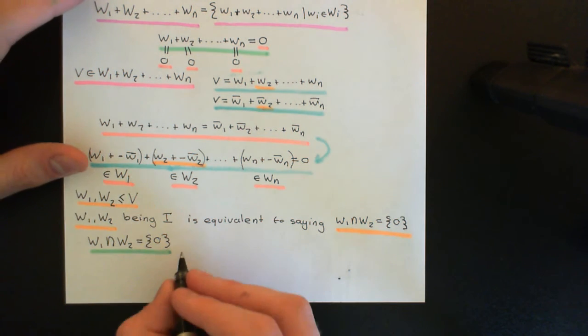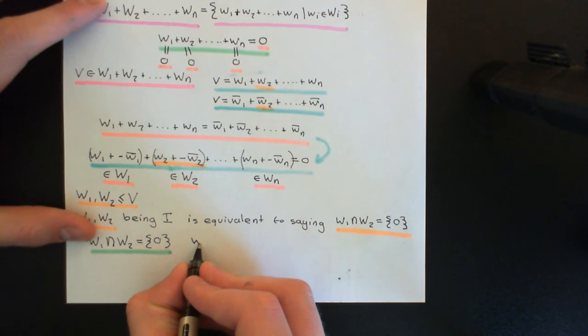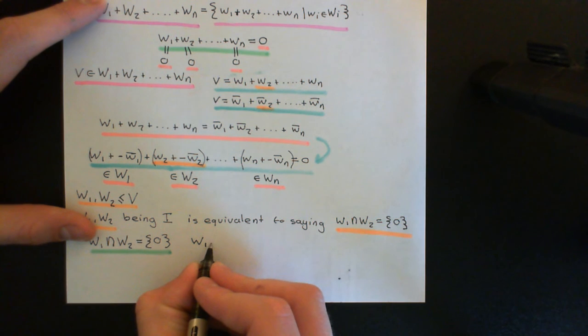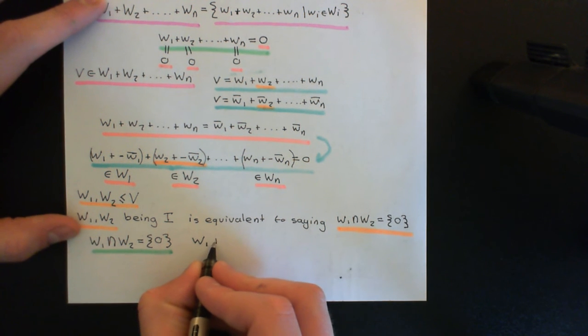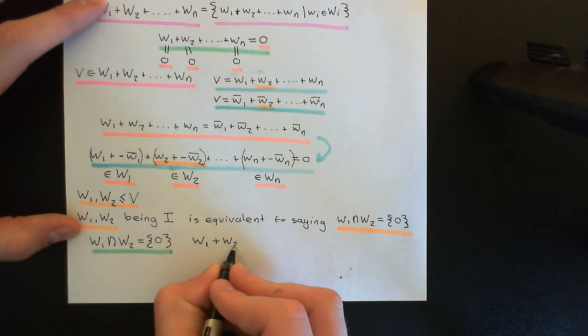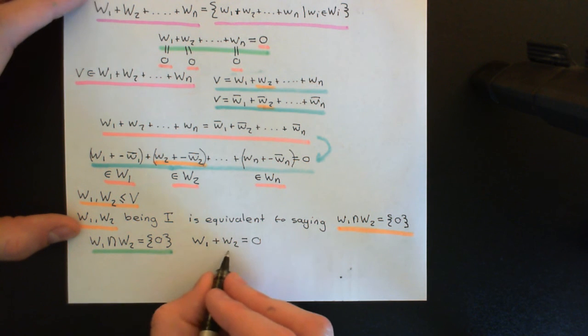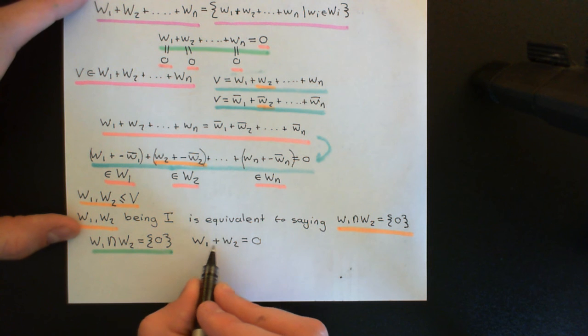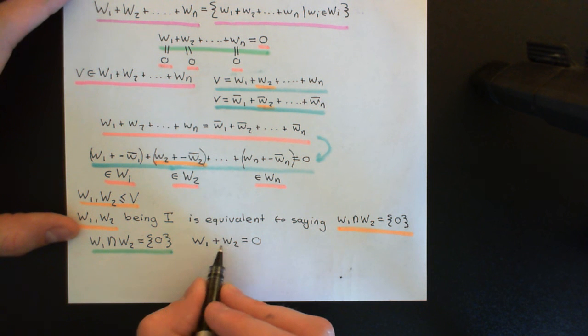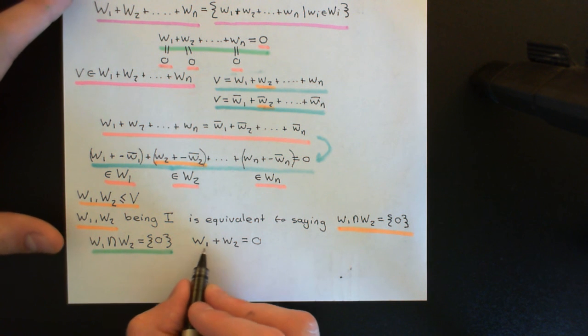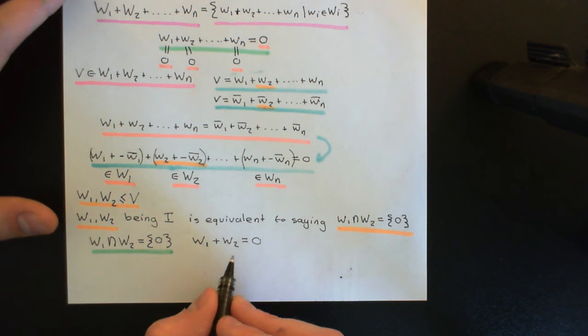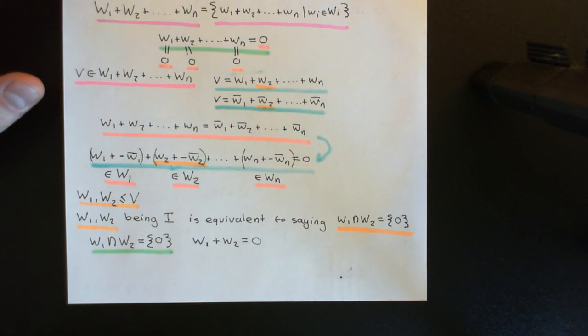What I now want to prove from that is that they are independent subspaces. To prove they're independent, I want to prove that there is no way you can add one vector from capital W1 to a vector from capital W2 to get the zero vector except the trivial way, where this is the zero vector and this is the zero vector. The way I'm going to do this is proof by contradiction, so I'm going to assume the exact opposite of what I want to prove.